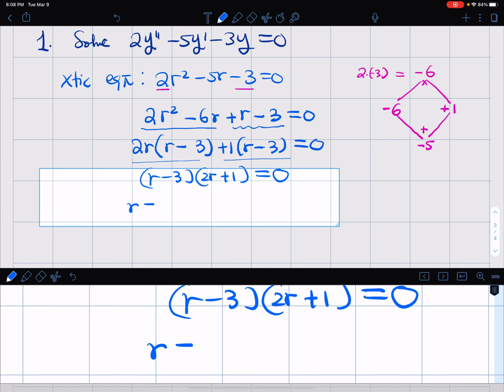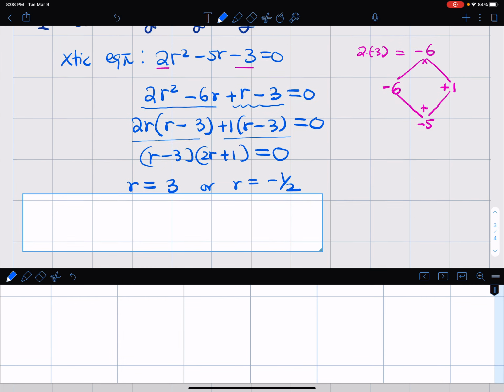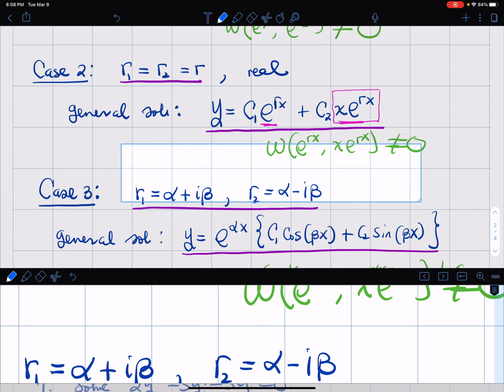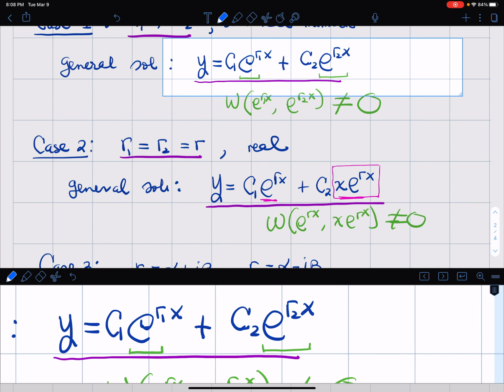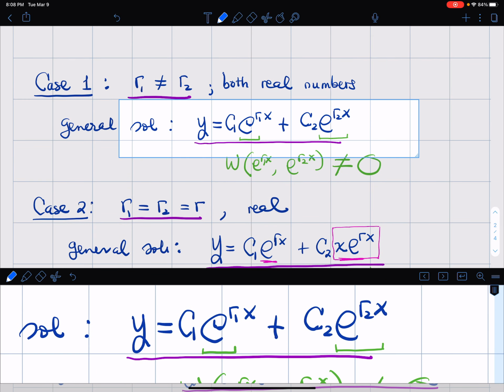So this shows us that r is equal to 3 or r is equal to -1/2. And remember, when we find our r, the two r's here are both real and they're not equal.